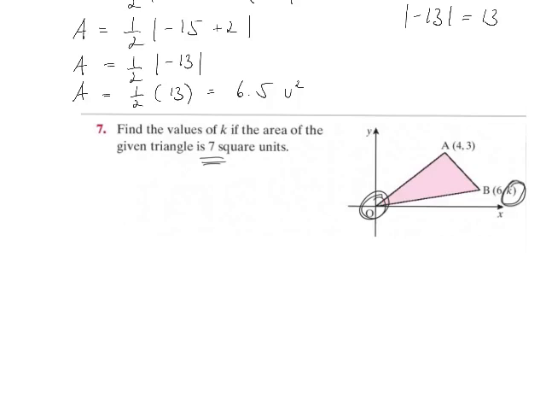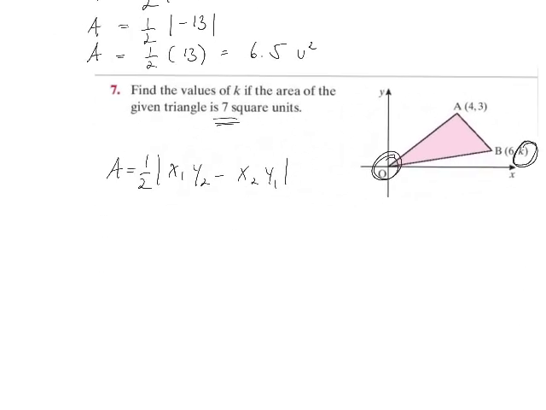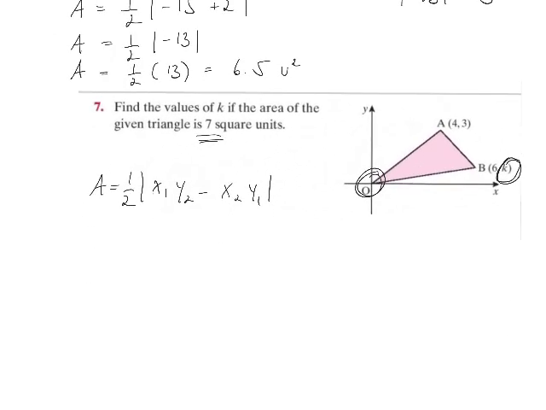Okay, so let's write our formula again: 1/2 modulus of x1, y2 minus x2, y1. And we fill it in. First of all, we label our points x1, y1, x2, y2.